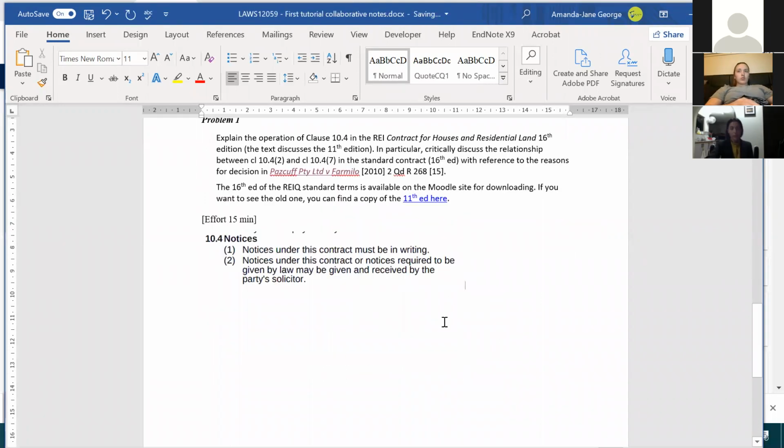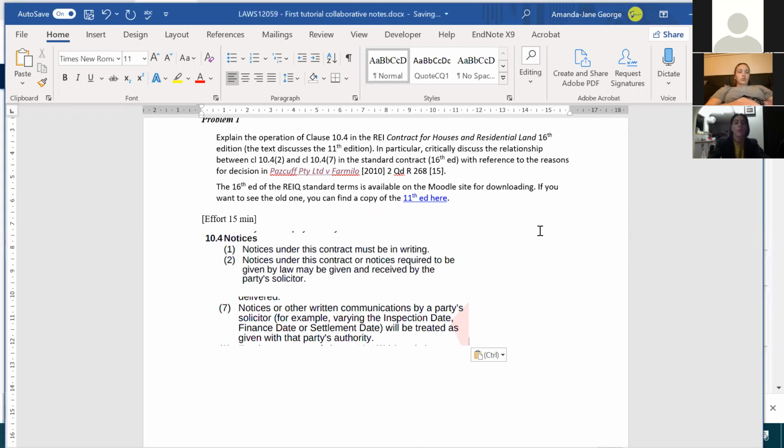Yes, exactly. And 10.47? It's a deeming provision. Yep, the given by the solicitor means it's actually given on the party's authority. Yep. Notices or other written communications by a party's solicitor will be treated as given with that party's authority.